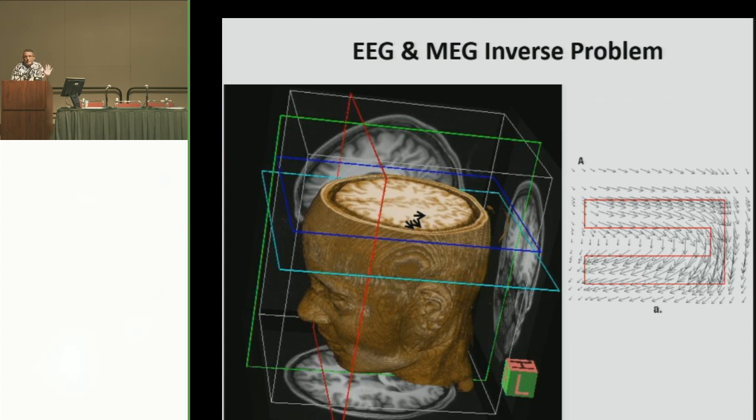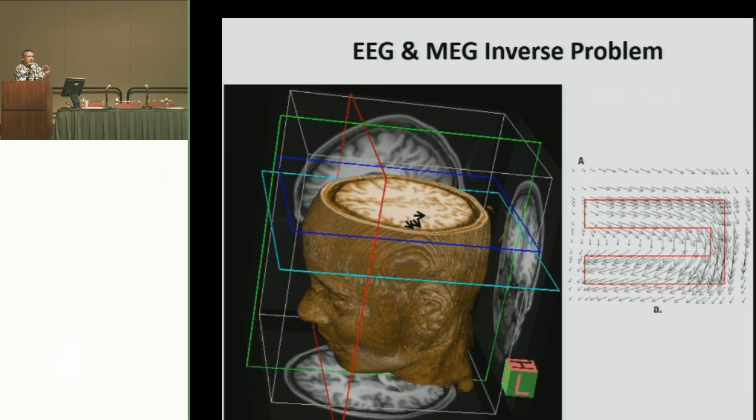That's the inverse problem. Now, normally you have a situation where a single dipole is good enough. If you have a patient with epilepsy, in focal epilepsy, sometimes you can use the single dipole model because it's very localized, at a particular time window. But if not, then you have to start making assumptions about what your sources look like.